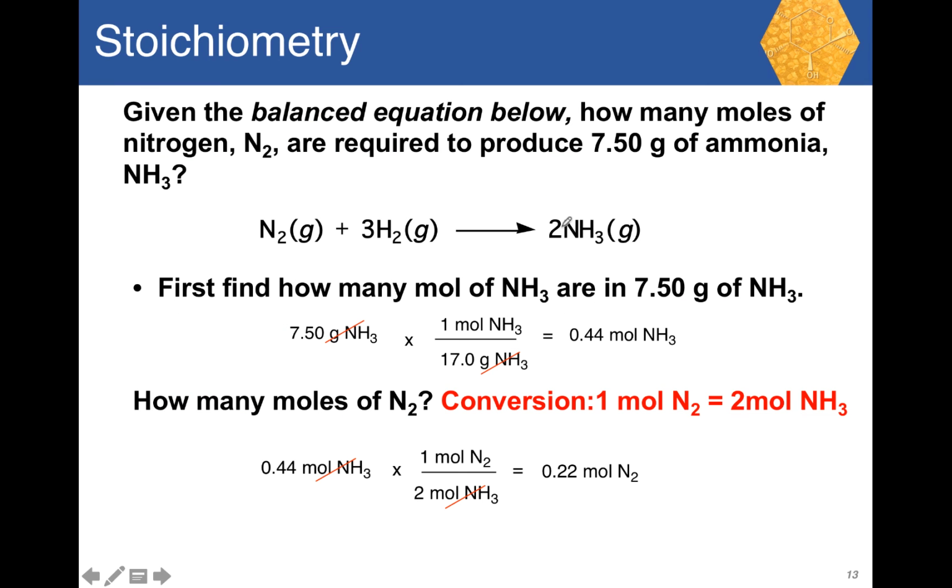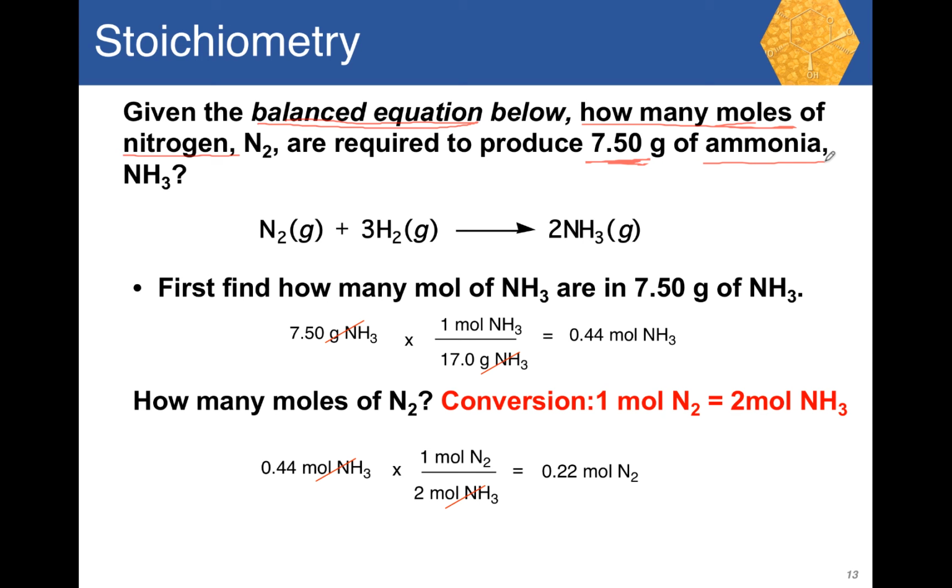Let us take it a step further. Given the balanced equation, notice we always have to use the balanced equation. Now you can see why we emphasized in the previous lecture and quiz how to balance the equation. So the question is, how many moles of nitrogen are required to produce 7.5 grams of ammonia?